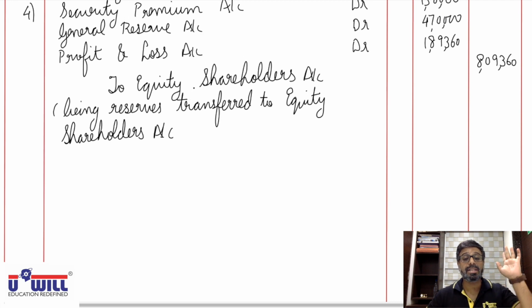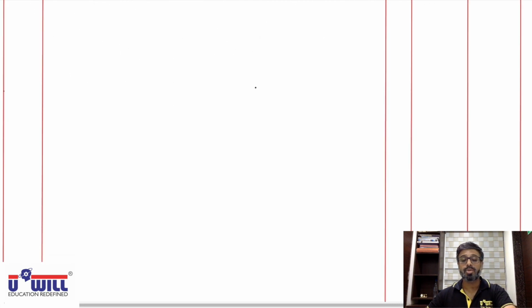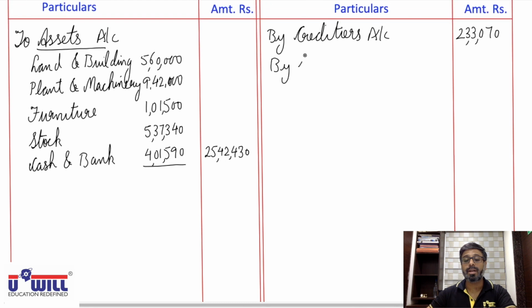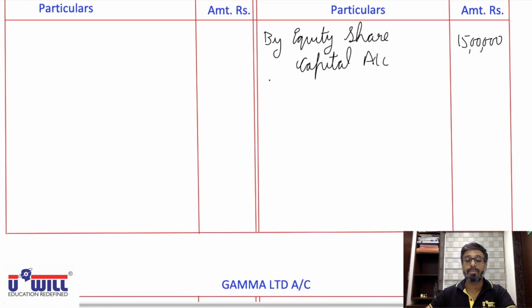Now again, first 6 entries, how many effects? Single, very good. To equity shareholders, so equity shareholders on credit side by all the 3 accounts, by security premium account 1,50,000.